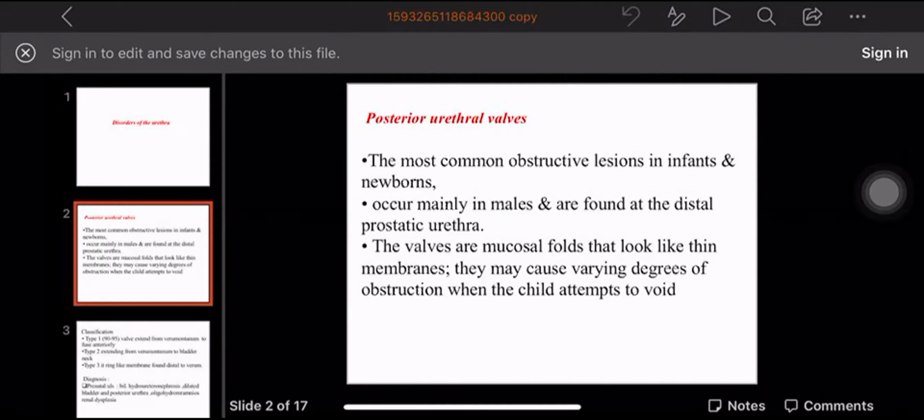Most commonly it occurs in male, we can roughly say in male only. These valves are mucosal folds that look like thin membranes. They may cause varying degrees of obstruction when the child attempts to void.